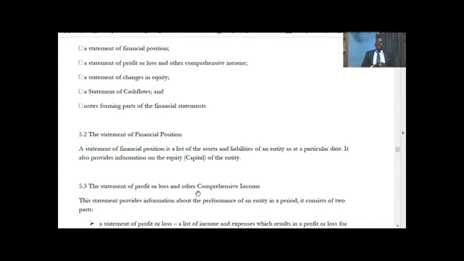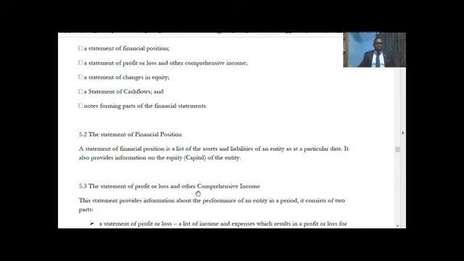So the balance sheet contains information on the assets of an entity, the liabilities of an entity, and the equity of an entity. Okay, and the equity that the entity has registered, or the number of shares that the company is registered.